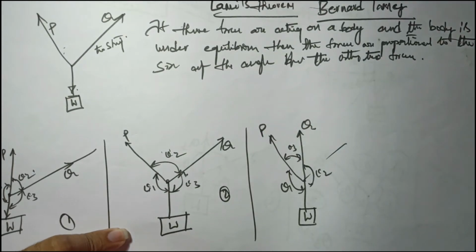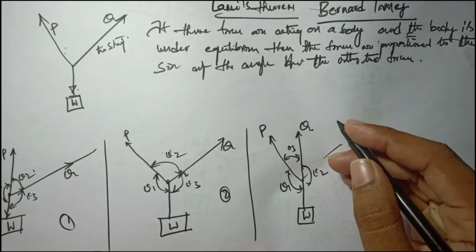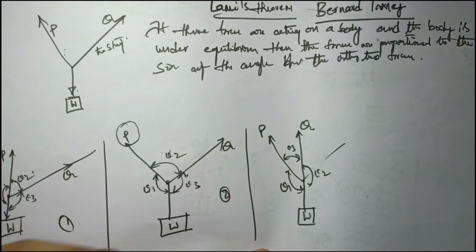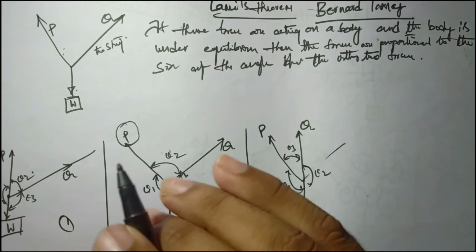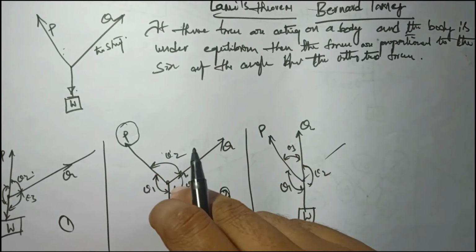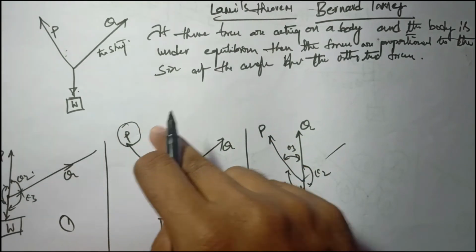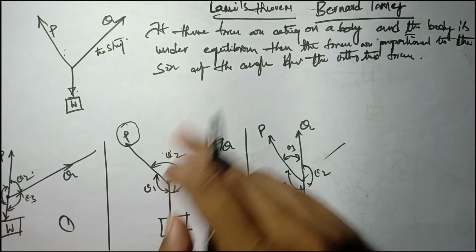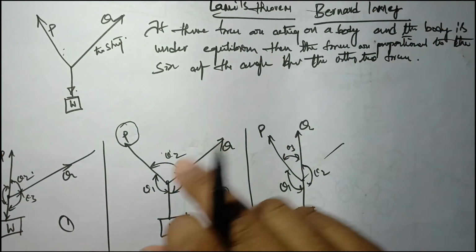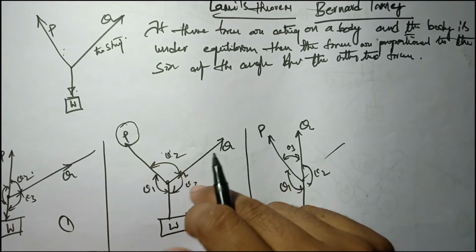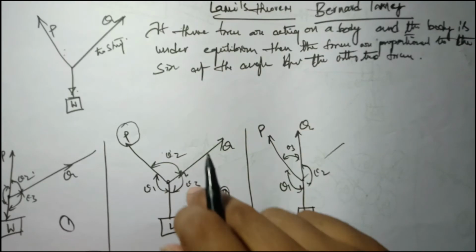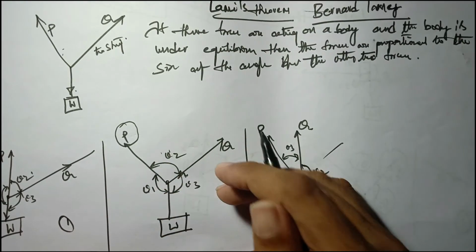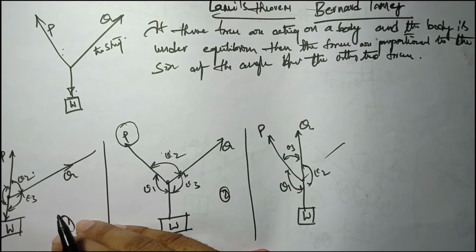So what he found was, suppose I take the P force as an example. You can relate P with theta 2 and theta 1 also. Just because Lamy said something doesn't mean that you can relate P and theta 3 only. You can relate theta 1 and theta 2 also, but it is very much complicated.